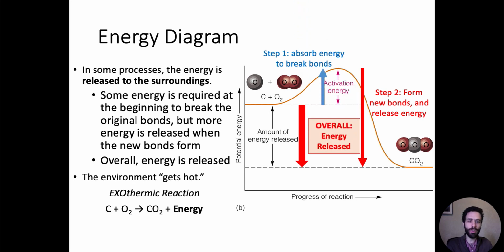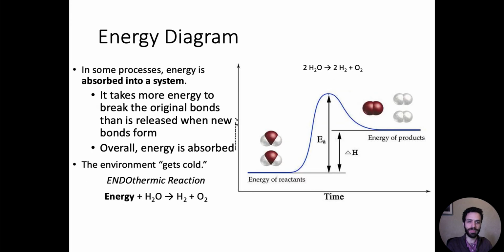That means that overall, in this reaction, energy was released. This is an exothermic reaction because energy was released to the environment, which gets hot, so energy is a product in this reaction.